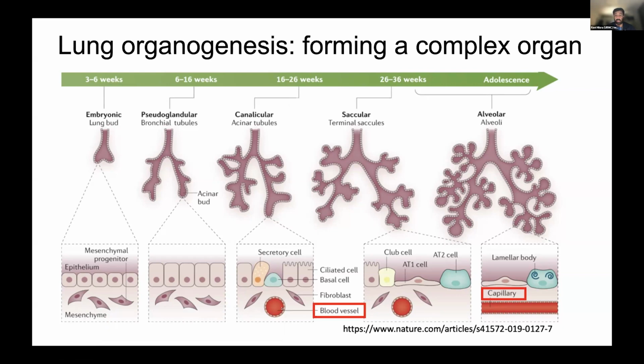As I mentioned, you have blood vessels bringing in high levels of blood, and it goes all the way down into the capillary, eventually into the alveolar region that allows for that gas exchange.